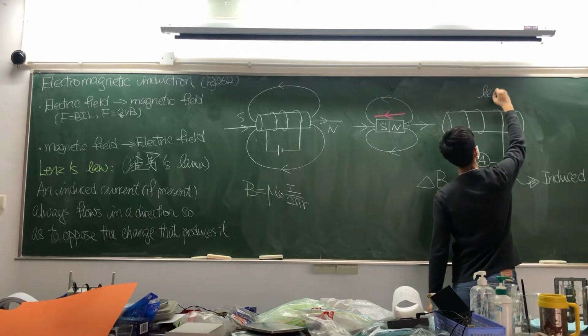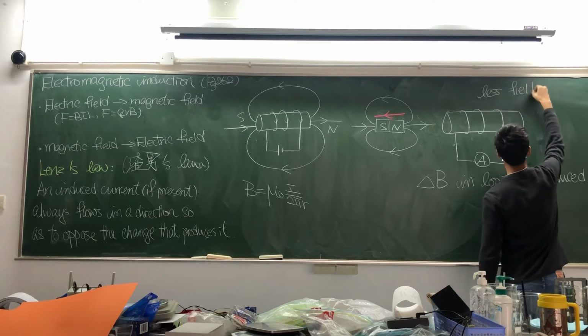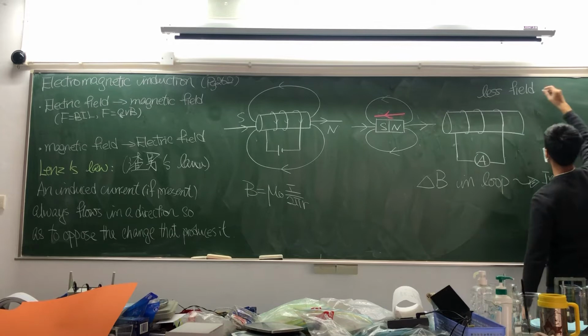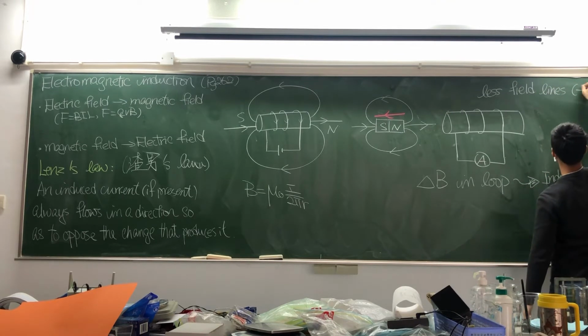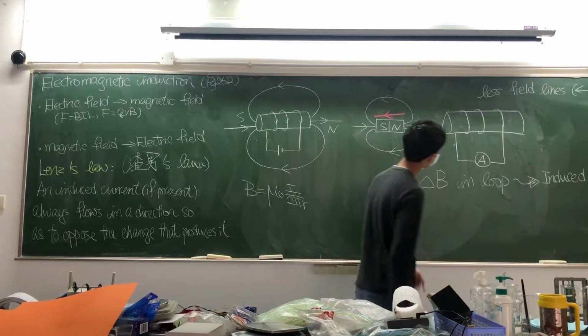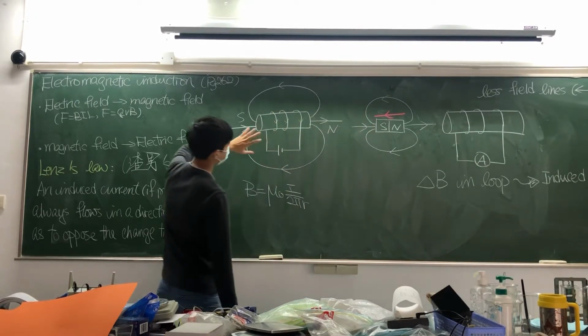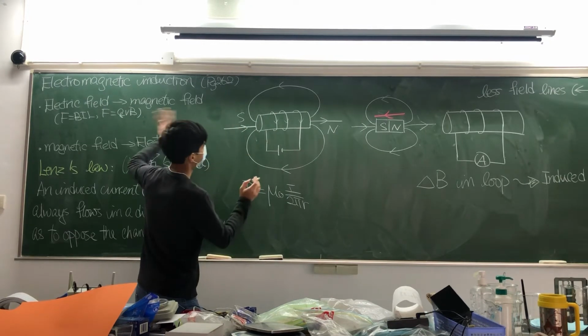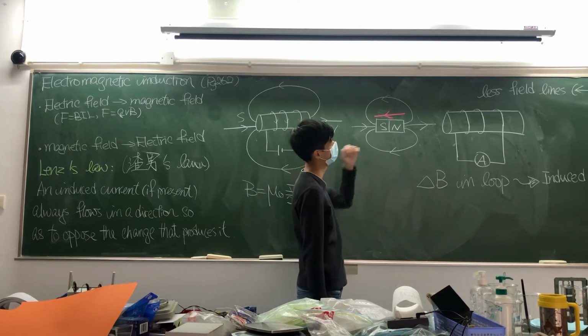So now let's see, the field lines point toward the right hand side, right? If you move the magnet to far positions away from this solenoid, then the magnetic field will be 0.